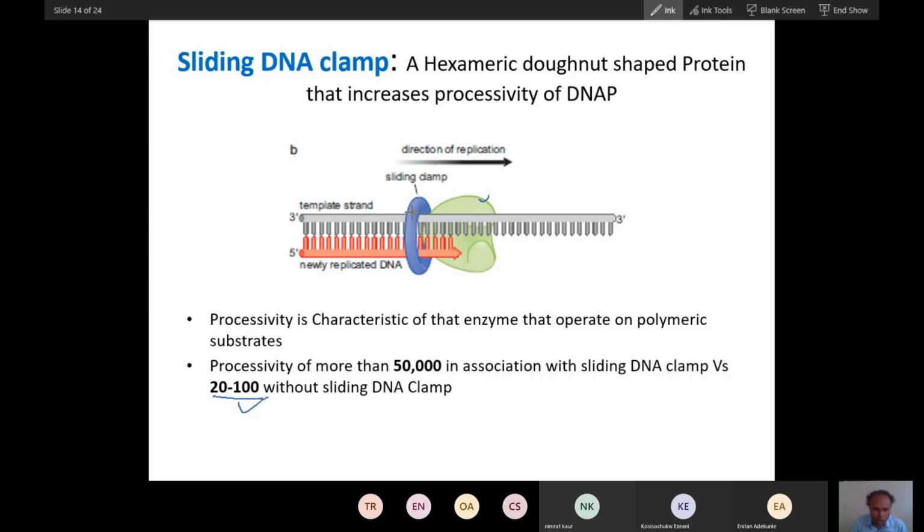That is why it will stay attached with this whole complex and polymerize up to 50,000 nucleotides, and this is processivity. So speed and the number of nucleotides that are polymerized is called processivity. Processivity of this DNA polymerase becomes high when there is a sliding DNA clamp.